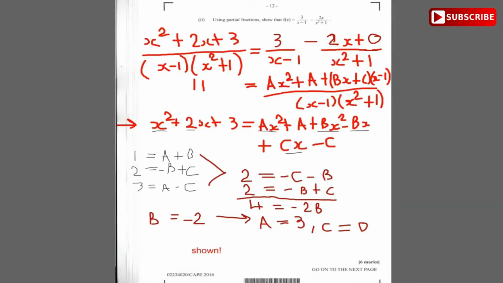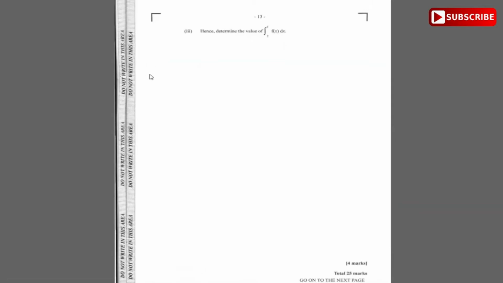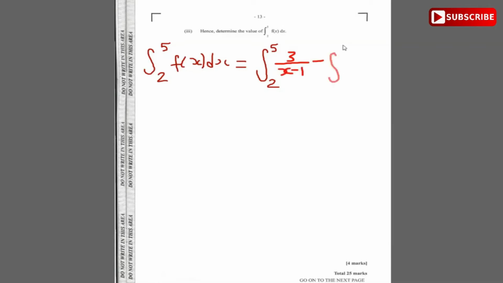So the integral from 2 to 5 of f of x dx is going to be equal to, using the hence, the integral from 2 to 5 of 3 over x minus 1 minus the integral from 2 to 5 of 2x over x squared plus 1. Now I left off my dx, but don't ever do that.